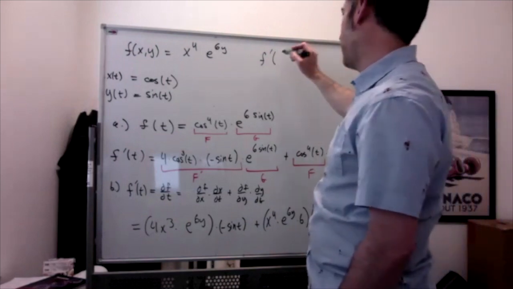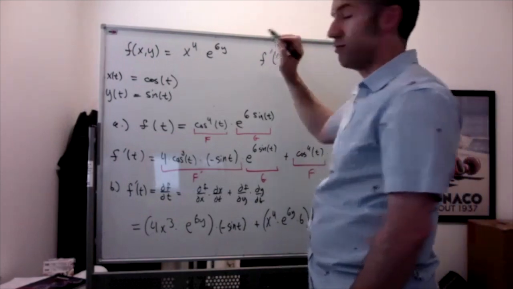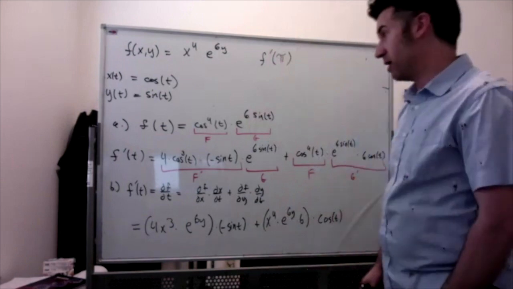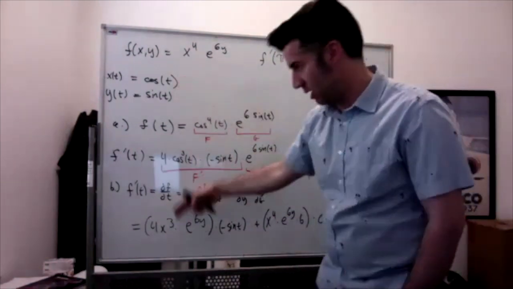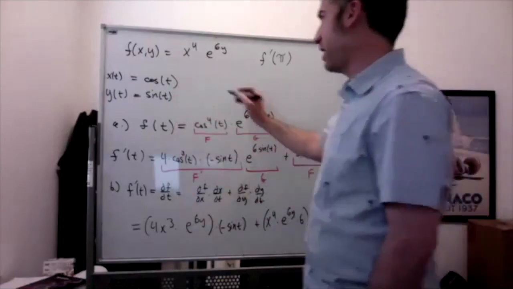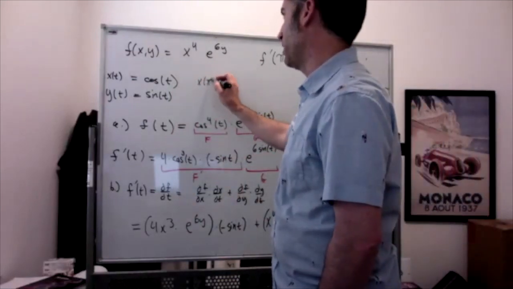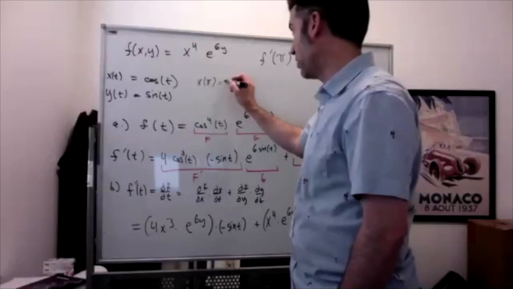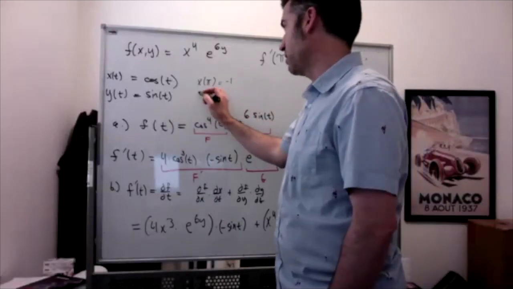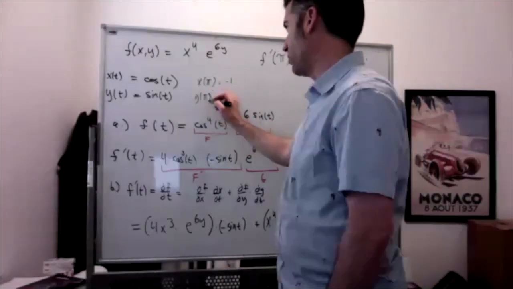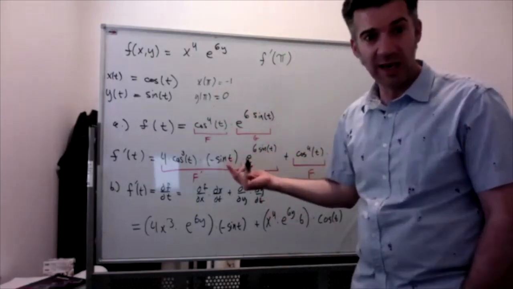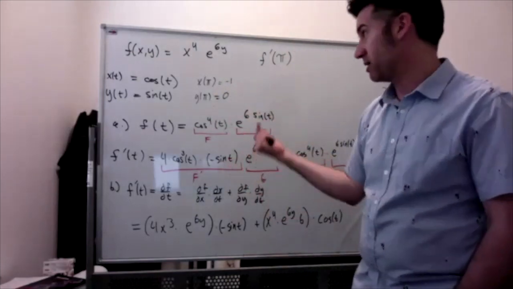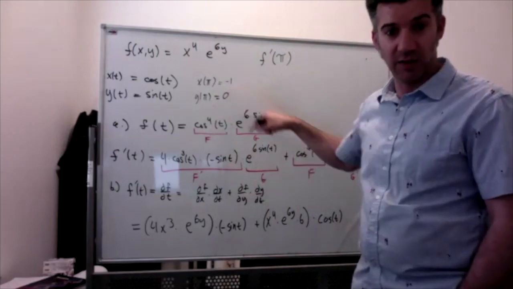Sure, let's say I want to find f prime of pi. Then instead of going and plugging in cosine here and sine here, I'm saying, oh, well, I know that x of pi is cosine of pi, which is -1, and sine of pi is y of pi, which is 0. So I know that when I'm plugging in pi for t, I'm plugging in -1 for x and 0 for y.